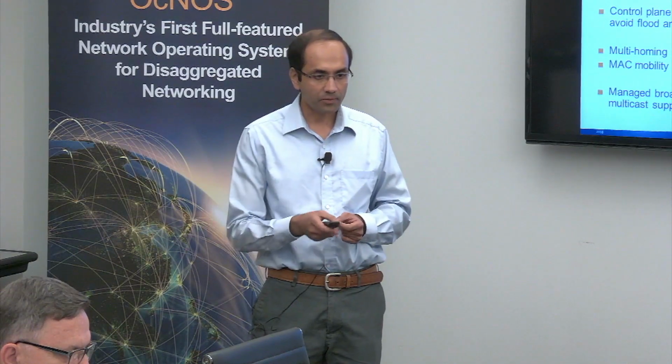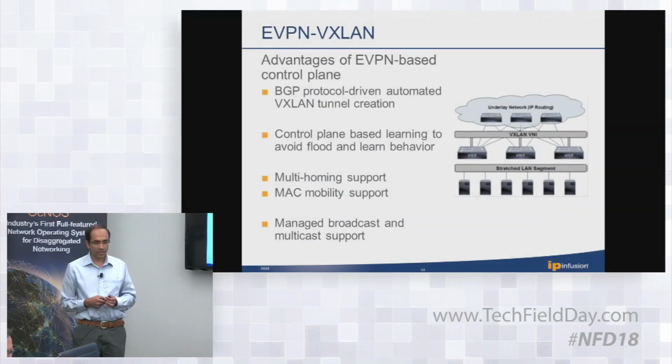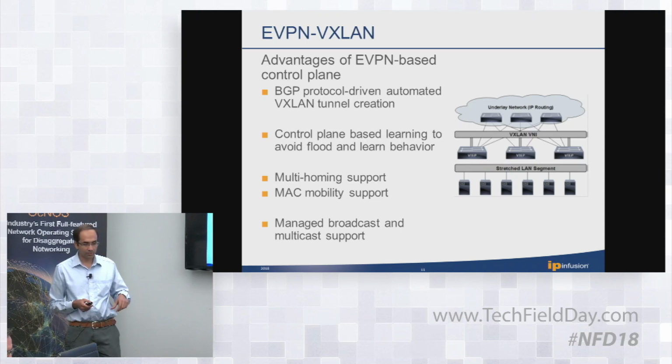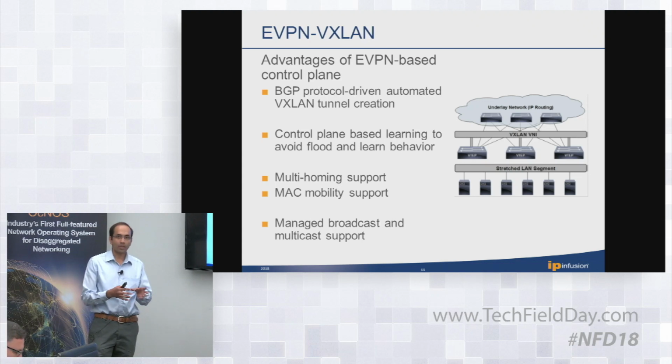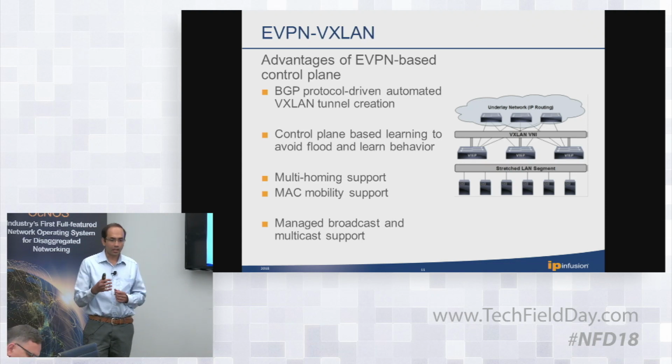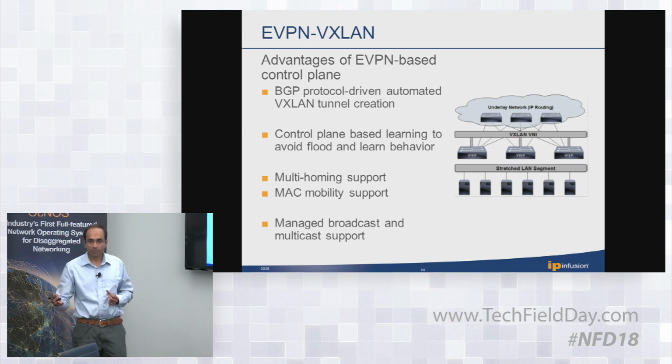So, some background, I think I'm running out of time. Some background on EVPN VXLAN, which we have done for this specifically. As you all know, this is a standard protocol. The advantage of using EVPN specifically here is that once you migrate from a VLAN broadcast domain, they wanted to control the amount of broadcast in the network. For example, ARP broadcast, you can do away with using EVPN's ARP proxy.